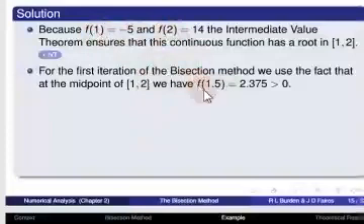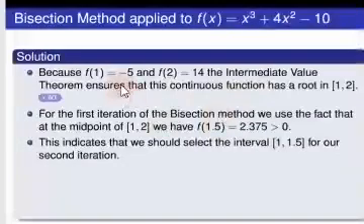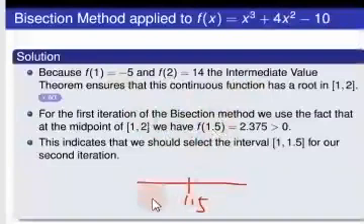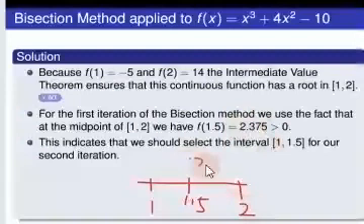Then you find the function value at the midpoint. This is your midpoint, 1.5, and here you have 1, here you have 2, with their function values.